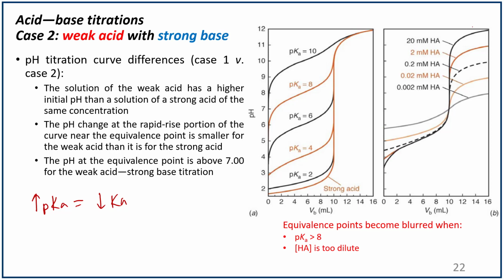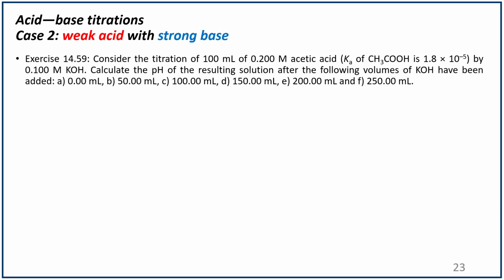So let's work on those four regions of interest again at the titration curve. Let's calculate the pH of the solution of this time acetic acid when it is titrated with KOH at the following volumes of KOH added.